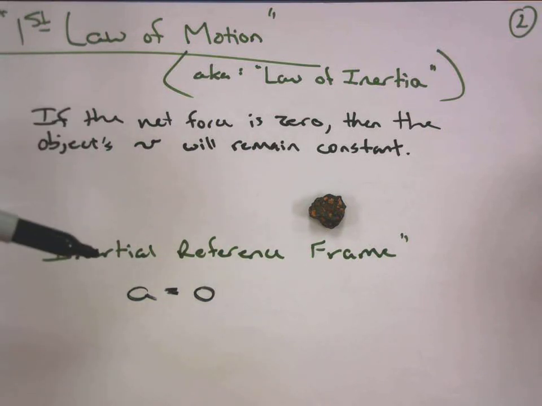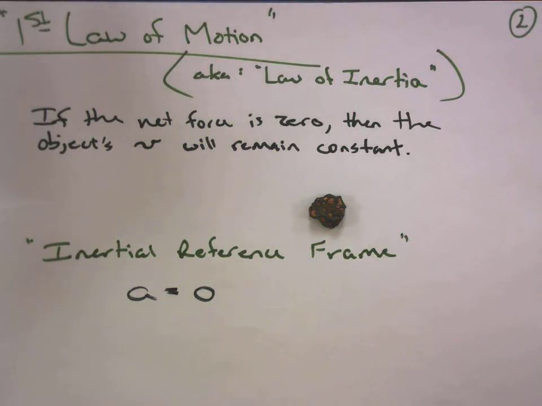If, for example, you're in a car and the car's moving at a constant speed going straight down the street, then aside from noise and aside from looking out the windows, you really can't tell that you're moving. It feels the same, except for some bumps in the road here and there.